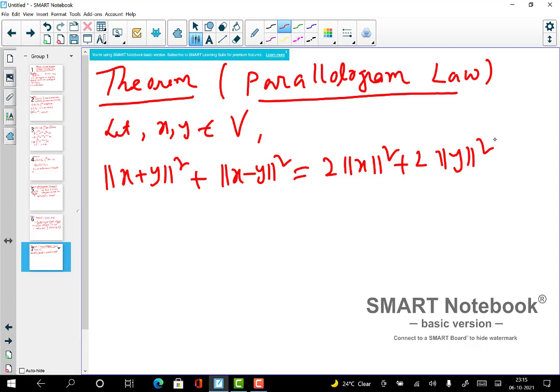Before going to the proof, let us try to understand why it is called the parallelogram law. Suppose you have a parallelogram and the sides are vector x and vector y, and then you just complete the parallelogram.